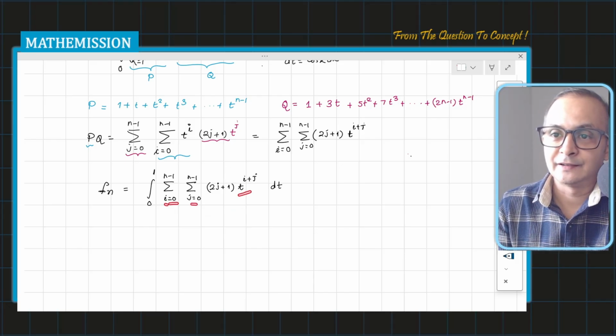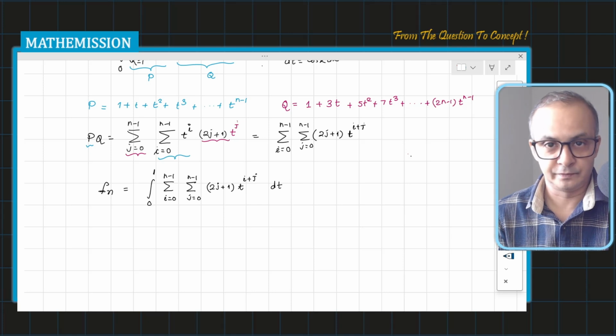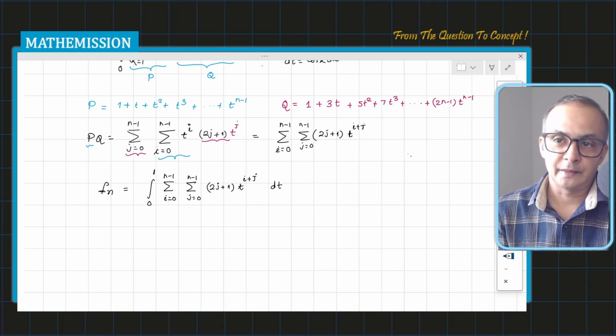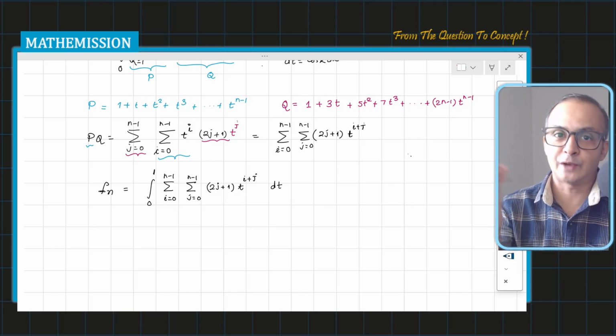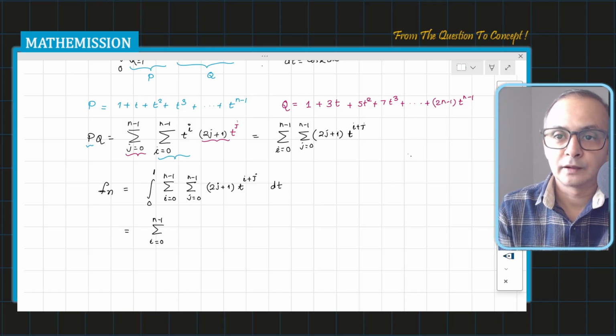So this t we can integrate alone. It means we are swapping the summation over integration. It means this tells that we have to do the summation first, but we can swap the process. And what we can do is, I am just taking the summation out like this, both the summations I took out, and 2j plus 1, and I'm doing the integration first.